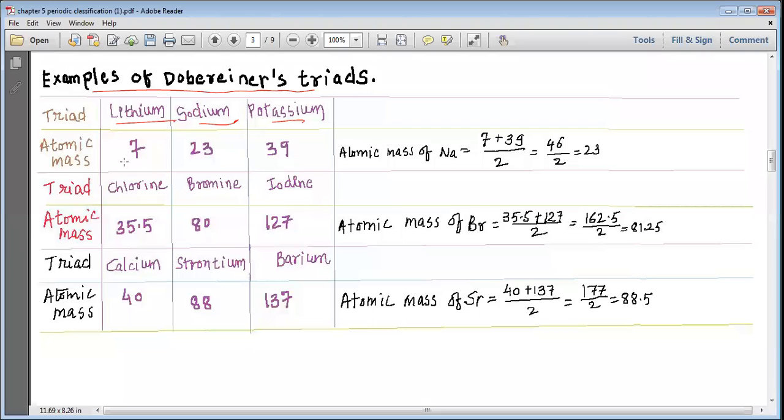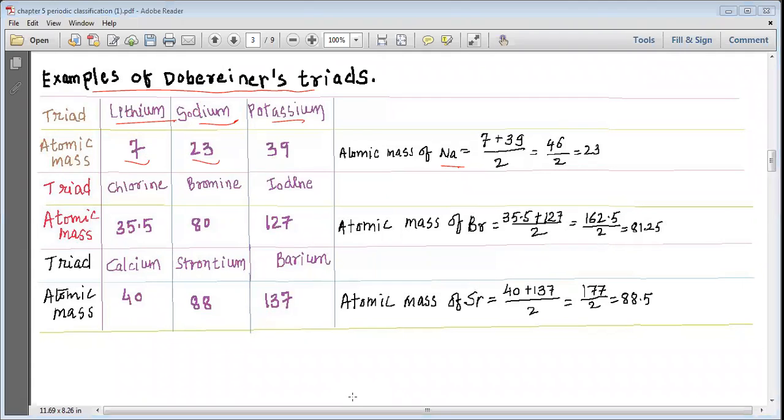The atomic mass of lithium is 7, the atomic mass of sodium is 23 and the atomic mass of potassium is 39. So the atomic mass of sodium, that is Na, is roughly the average of the first and the third element. So we take 7 plus 39 divided by 2.